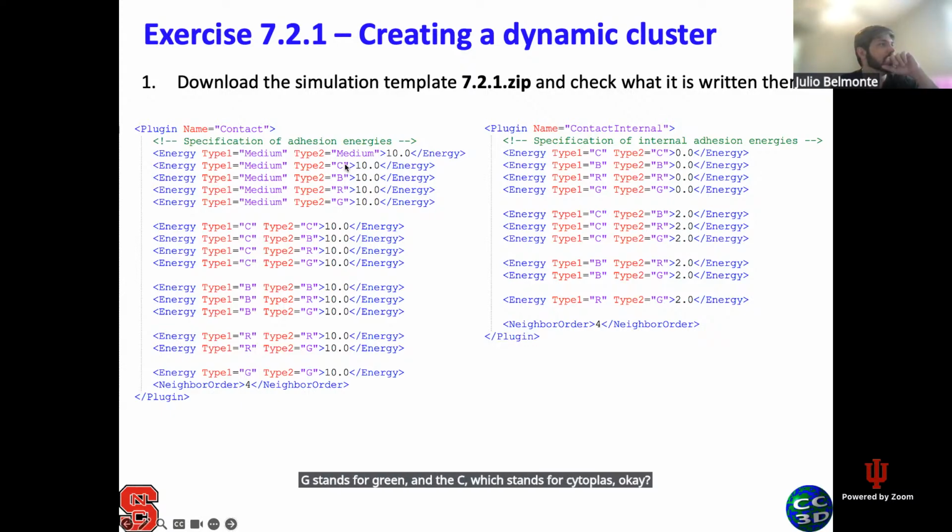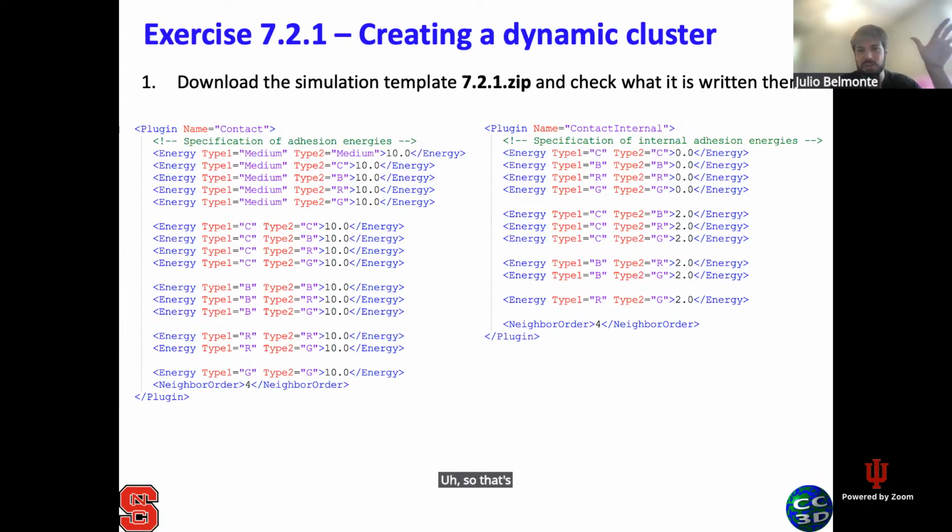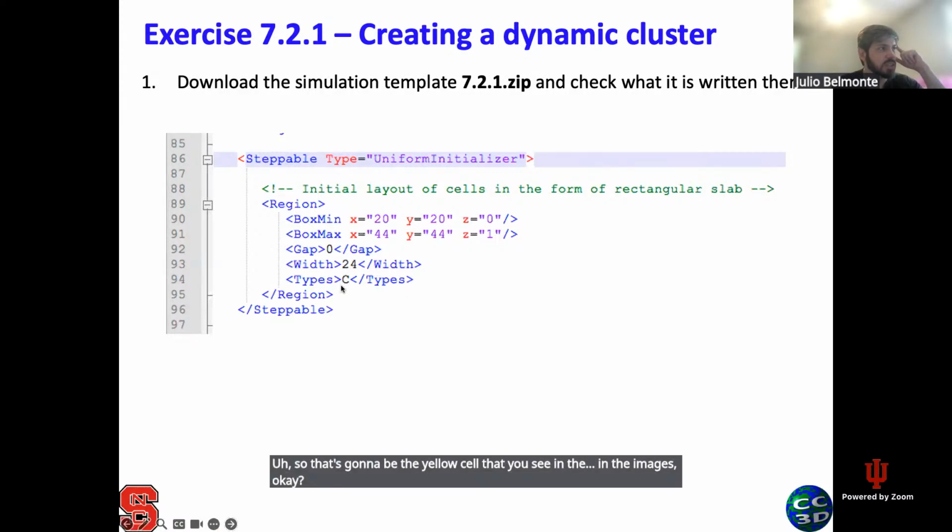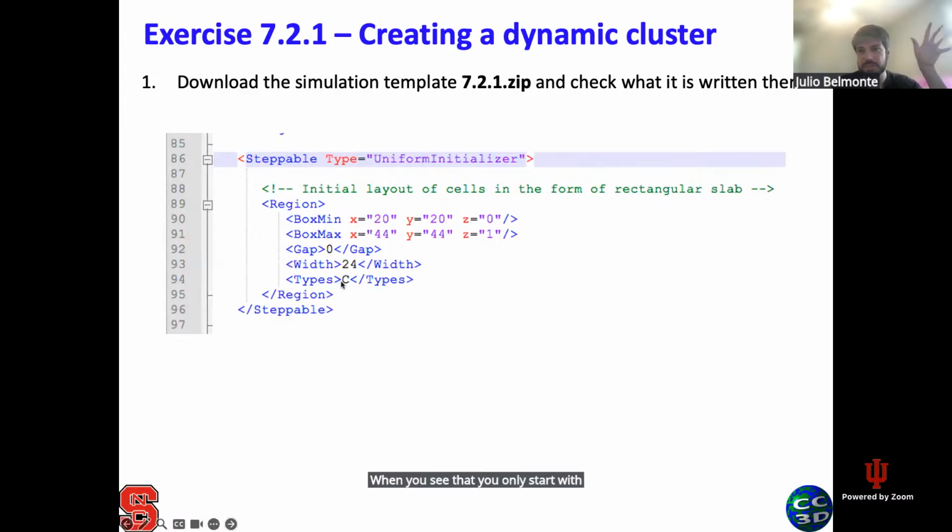That could be the yellow cell that you see in the images. And you see that you only start with cells of type C. So all cells are type C.